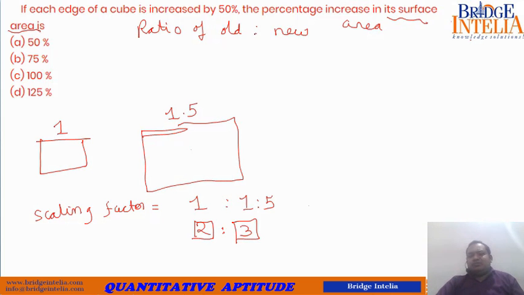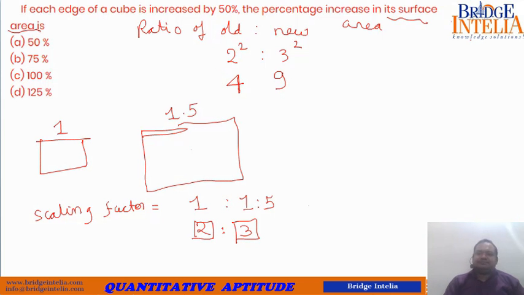So ratio of old is to new area will be 2 square is to 3 square, because scaling factor is 2 is to 3. So I can say if the earlier area was 4, the new area is 9. So you can solve it in this way.